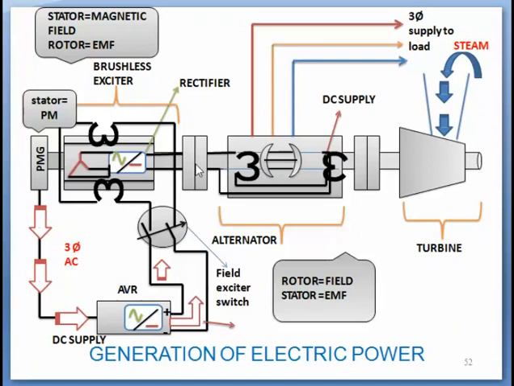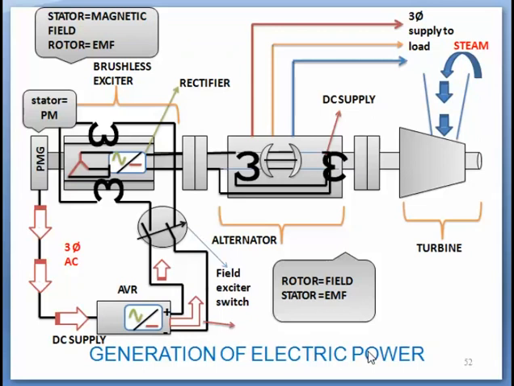The detailing of the generator and how the generator functions will be covered in a separate class in detail. The turbine, which is the prime mover, rotates the shaft, because of which the generator rotates. The speed of the generator depends on grid frequency.